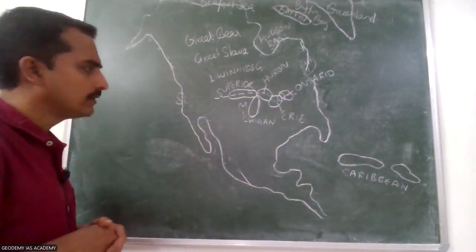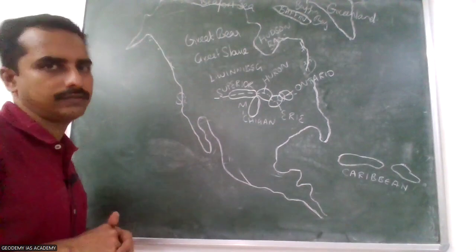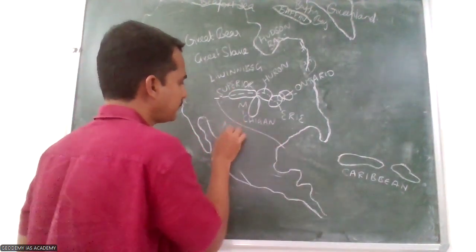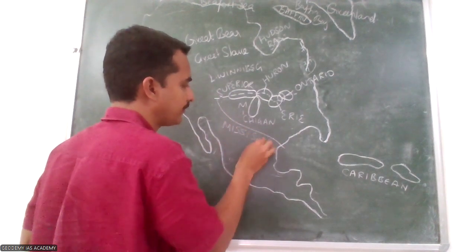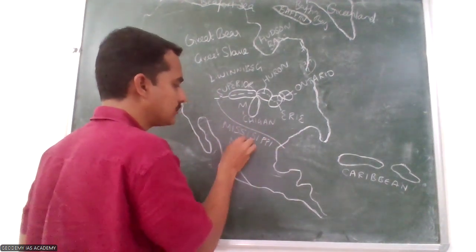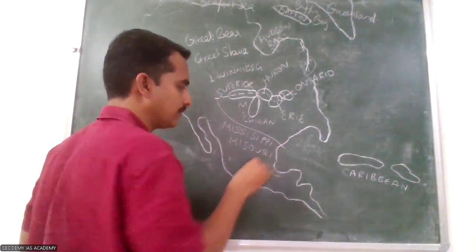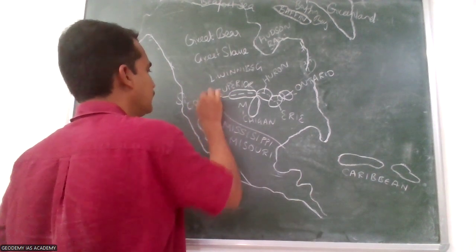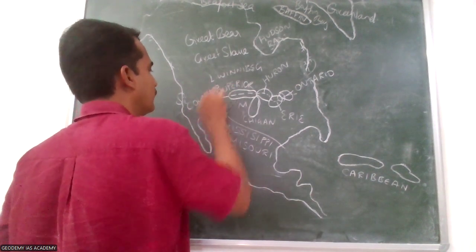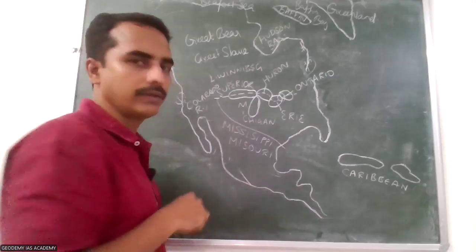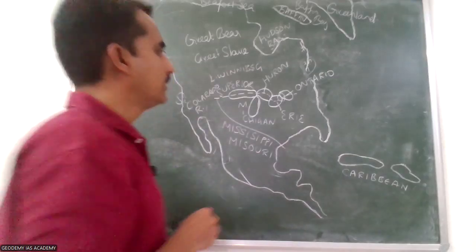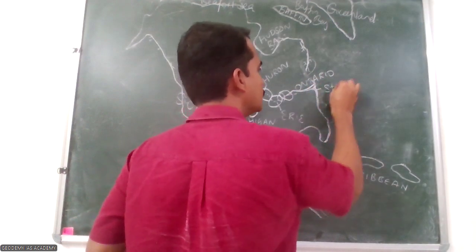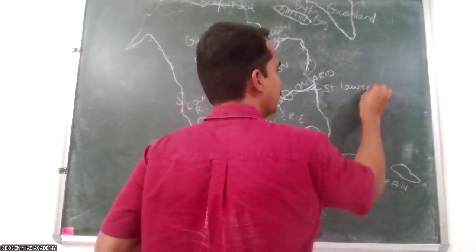And then the important rivers in North America are, most importantly, the Mississippi River, and its tributary Missouri is important. Mississippi and Missouri rivers are important, and then Colorado River here, this is more important. And then from the lake, St. Lawrence River flows towards the Atlantic Ocean.